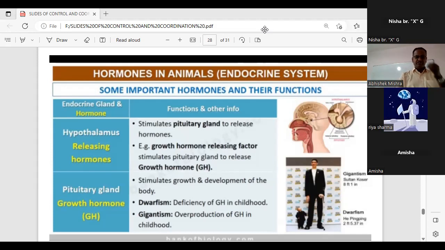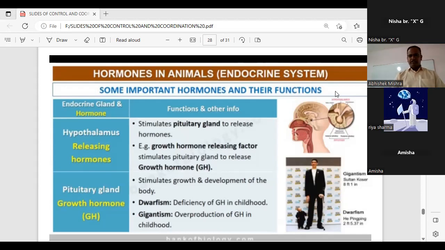What is the function of the releasing hormone? It helps in the secretion of the hormones from the pituitary gland.